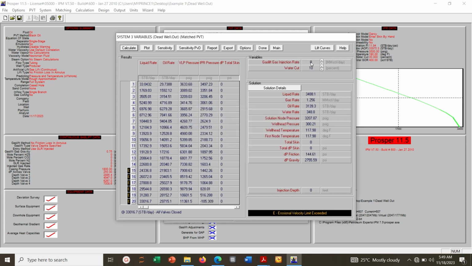Here, from the solution point, we can see that when the injection gas is 1 million standard cubic feet and water cut increases to 60%, the well will produce about 1,400 stock tank barrels of oil. If the water cut reduces to 50%, the well will produce about 1,900 stock tank barrels.